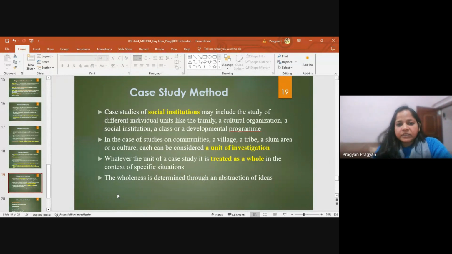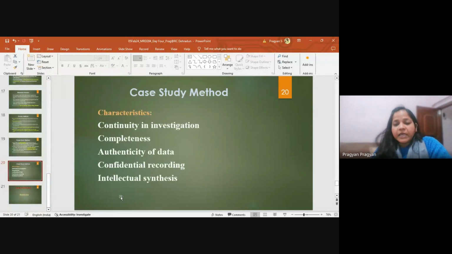You conduct case studies particularly for a deeper understanding of how a particular underprivileged community is facing problems, why particular development programs are not being accepted by those communities, or why a particular development program is not facilitating better outcomes for one particular community.